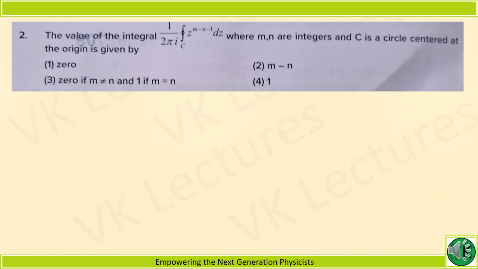The value of the integral 1 divided by 2 pi i, integral over C of z to the power m minus 1 dz, where m and n are integers and C is a circle centered at the origin, is given by, the answer is option 3: 0 if m not equal to n and 1 if m equal to n.